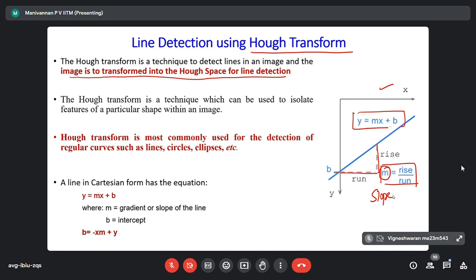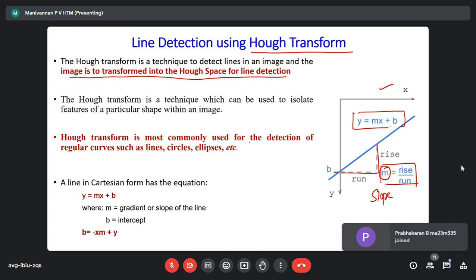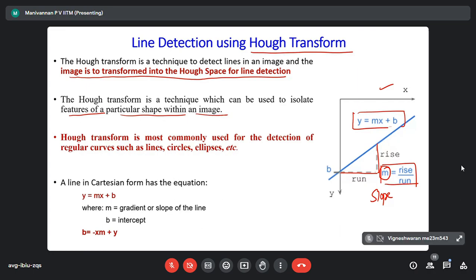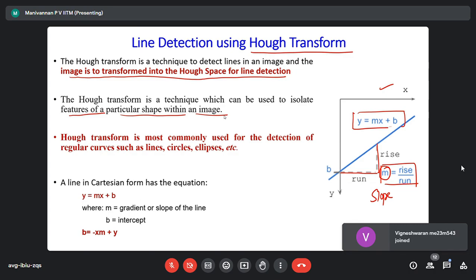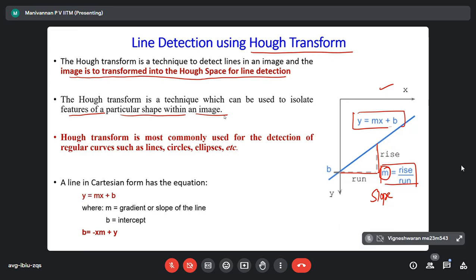Now, the Hough transform is the most commonly used method for detecting. Hough transform is a technique which can be used to isolate features of a particular shape within the image. I told you that when you do thresholding, by setting this threshold, when you do segmentation, you are going to get a change in intensity level, which is called edges.